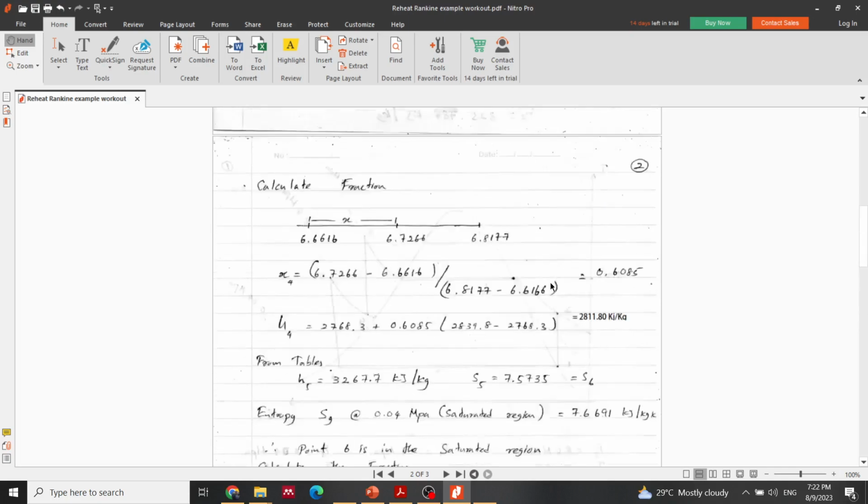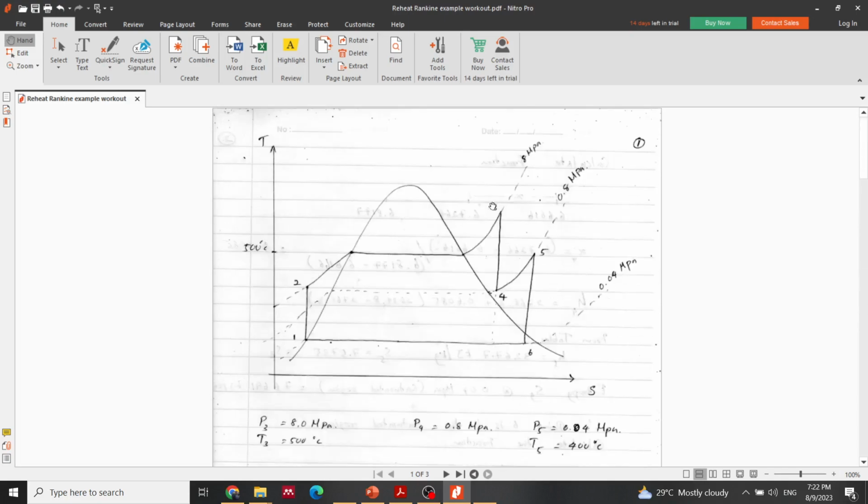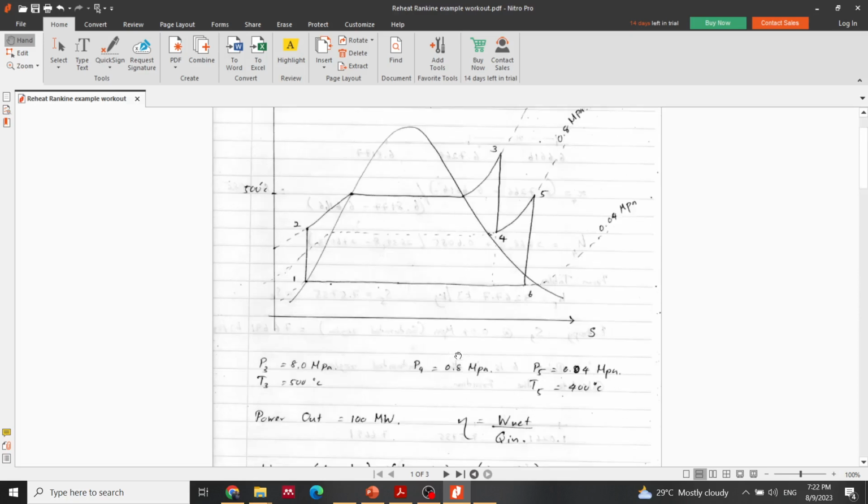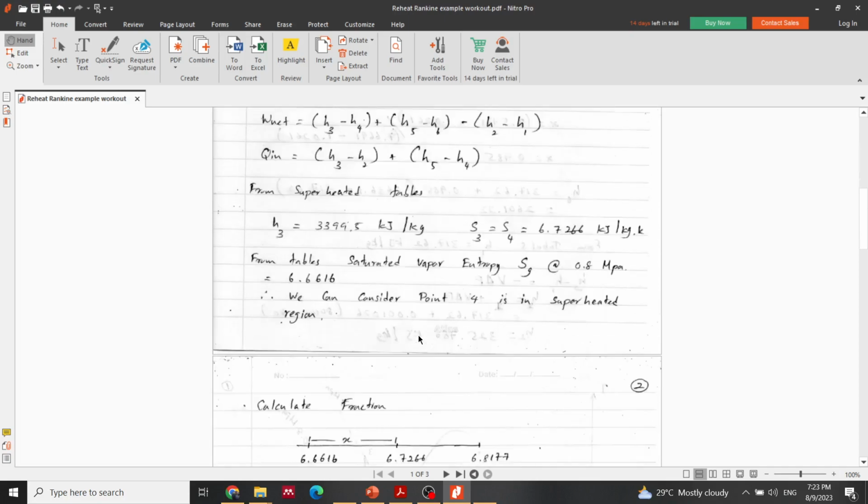So far we have calculated 3, 4, 5 and 6. What remains is 1 and 2. Point 1 we can easily extract from the saturated table, because it is on the saturated line, 100% liquid.